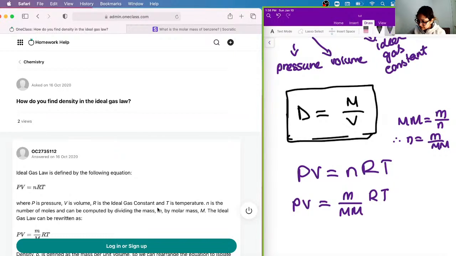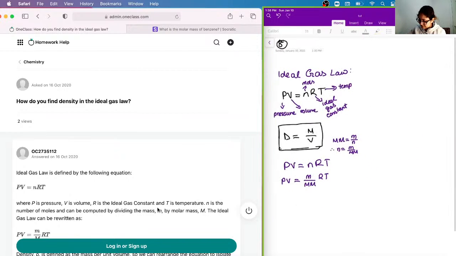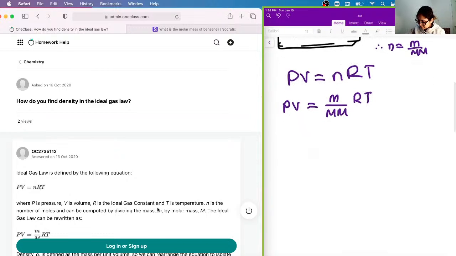Okay, so in this case, what we can say for density is, density can also be written like this. The symbolic version for this looks like a small case P. I forgot what this is called.